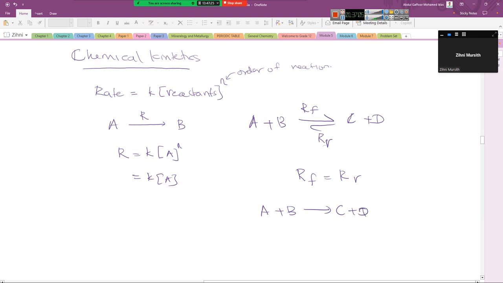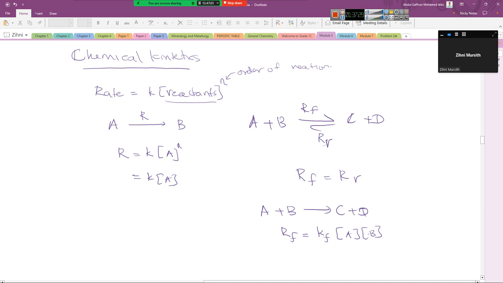For this reaction, if I write the rate law, R forward is equal to Kf, right? This is the rate constant for the forward direction, and I can write it this way, A into B. Why? Because RF depends on the concentration of reactants.